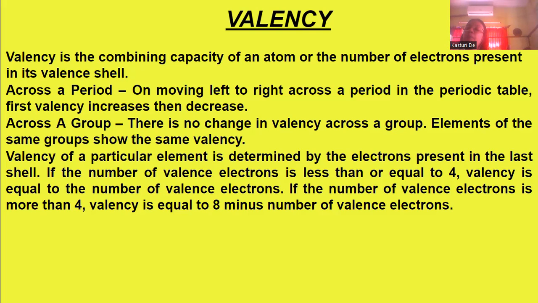If the element has 5 electrons in its valence shell, the valency will be 8 minus 5, that is 3. If it has 6 valence electrons, then 8 minus 6, that is 2, will be the valency. If it has 7, like chlorine, then 8 minus 7, that is, the valency will be 1. Am I clear? Next.